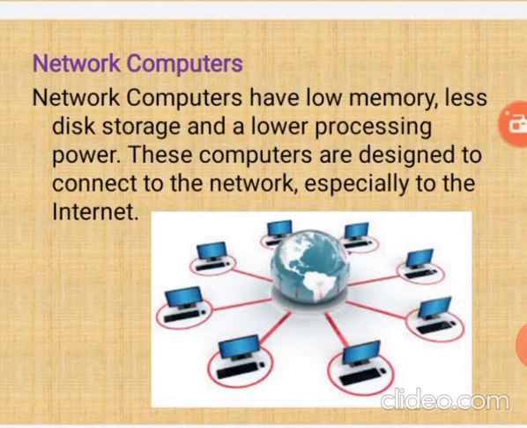The output unit consists of devices that are used to give or display the processed information as output. Monitor and printer are the most common output devices. You can see the monitor and you can take a printout on paper, that is called an output device. Understood? What is input, process and output? Understood? Clear? Everybody?